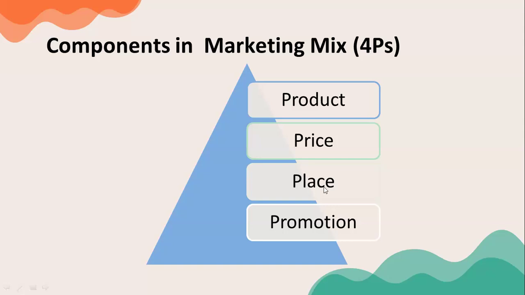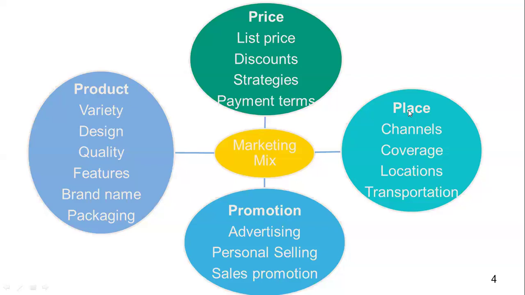When the producer makes the product available, for the consumer it is convenience, being able to purchase the product where they need it. And when you do the promotion, it is communication for the consumers. Right? Okay, good. Thank you to those who put the answers in the chat box.